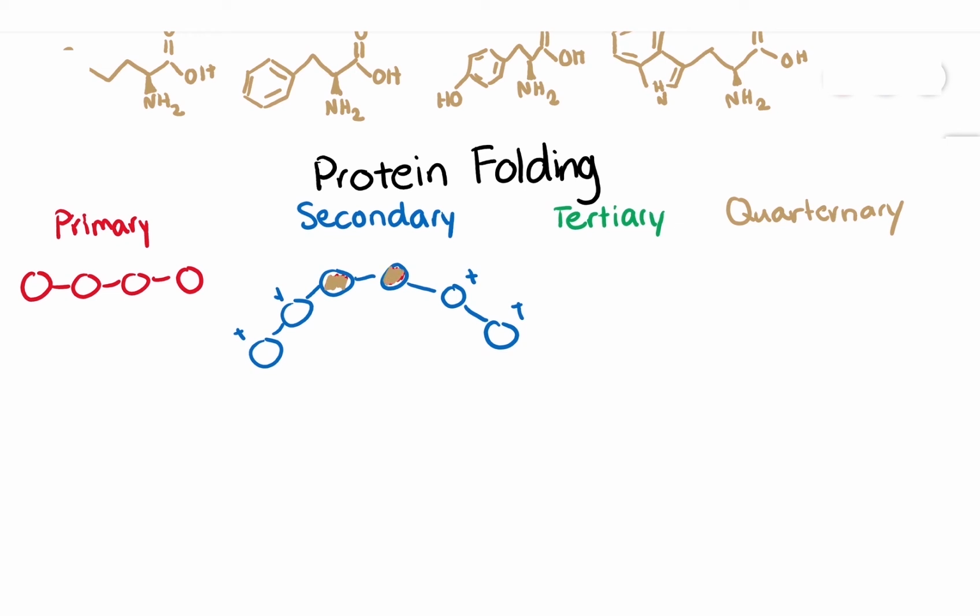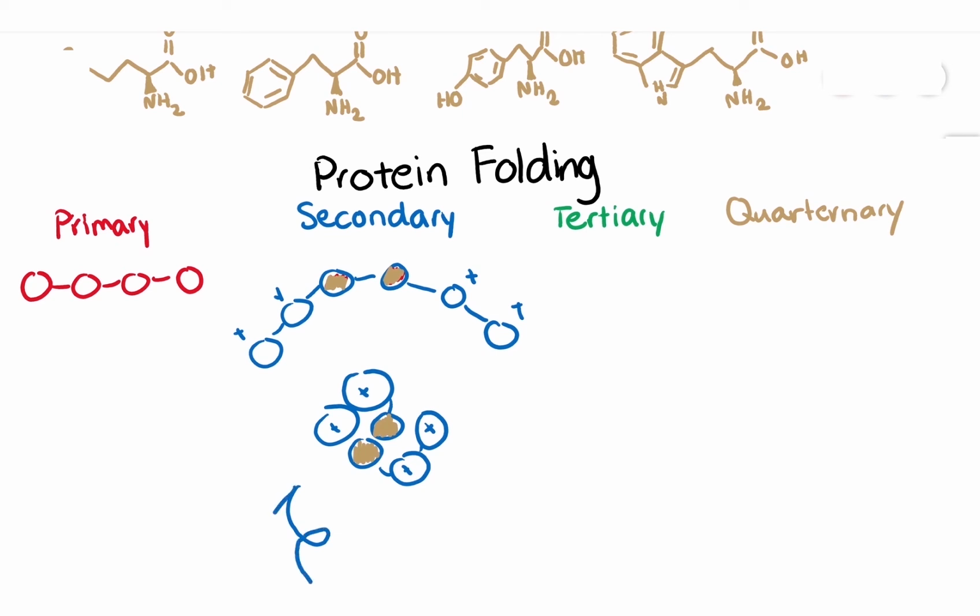Because these ones are hydrophilic, you'll be having the charged or polar amino acids on the outside and the hydrophobic amino acids on the inside. And that's just an example. But on a larger scale, you will have alpha helix structures.